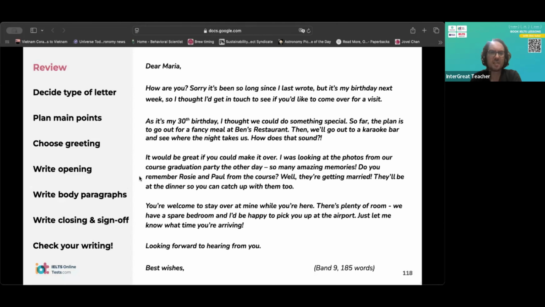Yeah, and obviously at the end of the exam, make sure you leave a couple of minutes in which you can read through your letter and just check it for spelling. I will share one of the tips that I share with students when we're practicing proofreading and checking our writing, is that we always want to go from the bottom to the top.